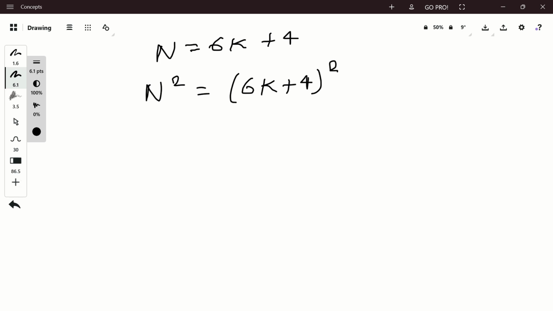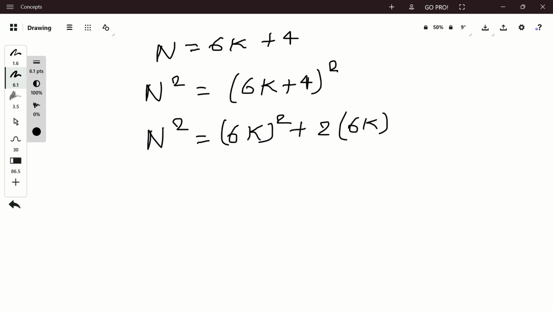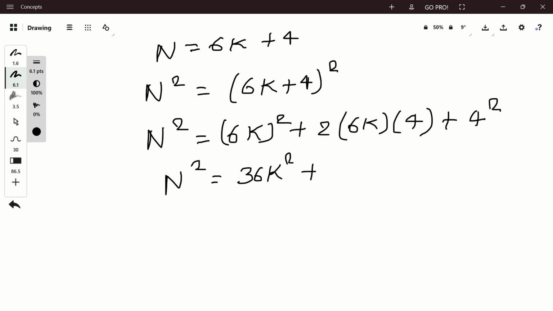Expanding the expression for n square, we have n square is equal to (6k) square plus 2 into 6k into 4 plus 4 square. That gives us n square is equal to 36k square plus 48k plus 16.